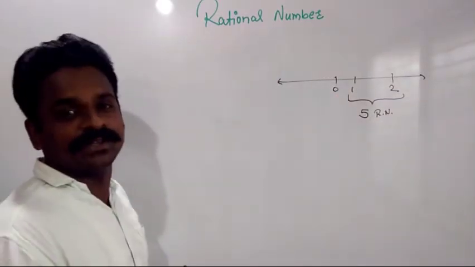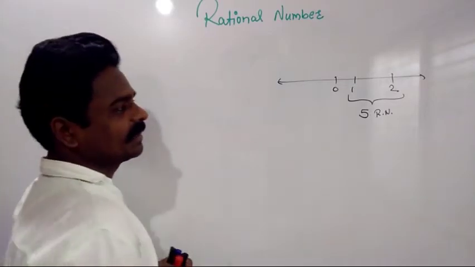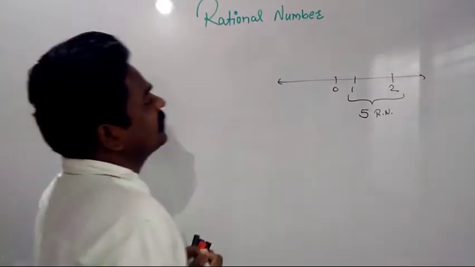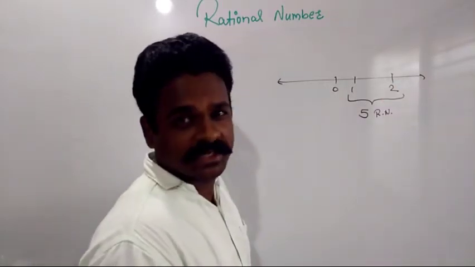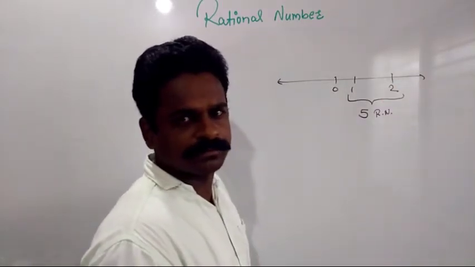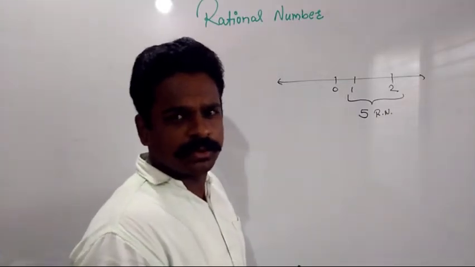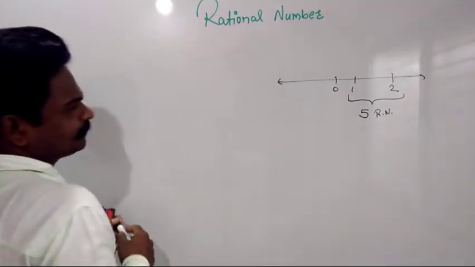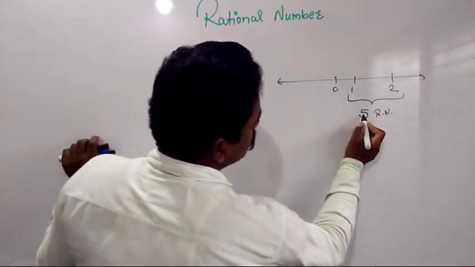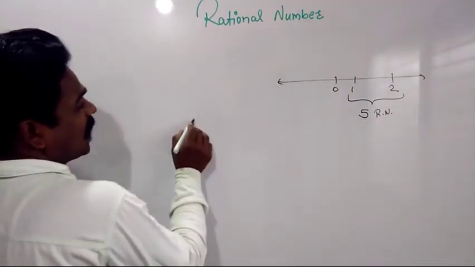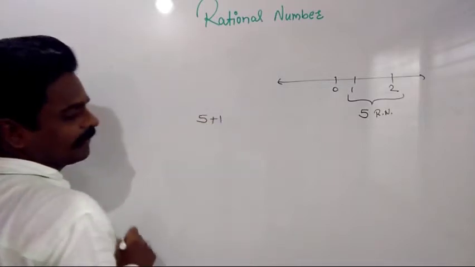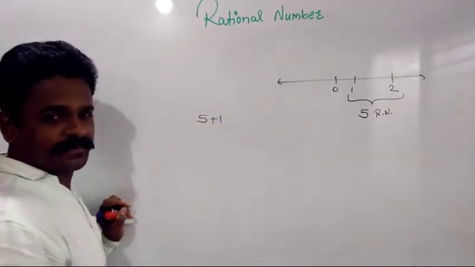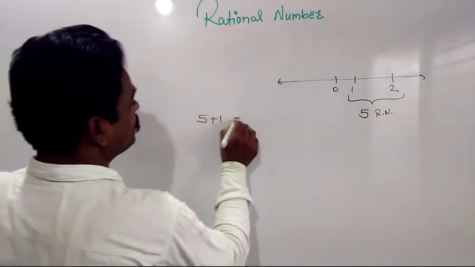How many? 5 rational numbers in between these two numbers, 1 and 2. Okay, no problem. So what you are going to do here, just see how many numbers we need to find out? 5. So we take 5 plus 1, which is equal to 6.